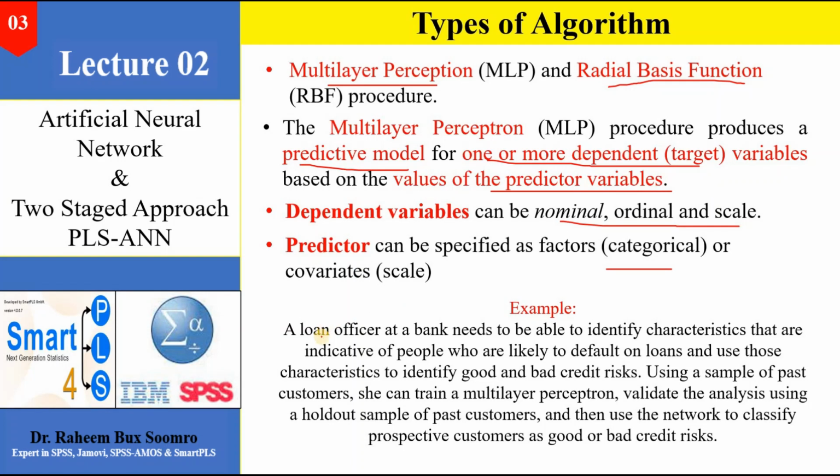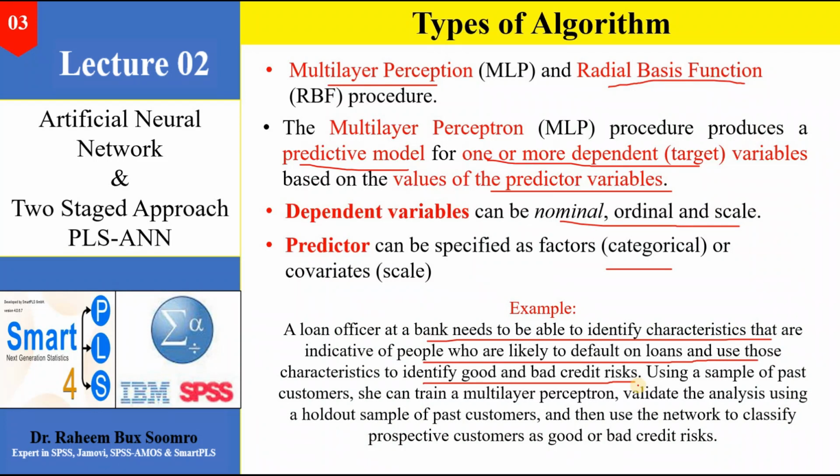For example, a loan officer at a bank needs to be able to identify the characteristics that are indicative of the people who are likely to default on the loan, and use those characteristics to identify good or bad credit risks. Any bank officer wants to know about the characteristics of those people who are defaulters or who may default.